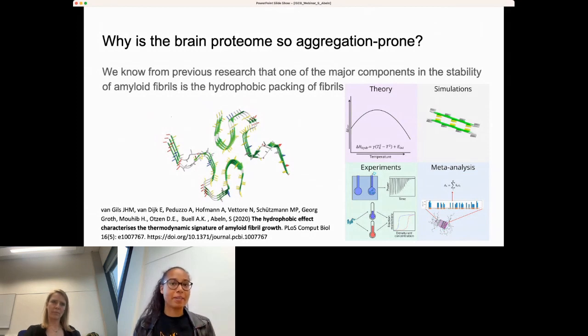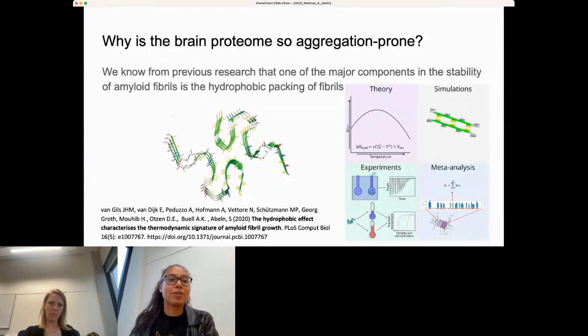One is called the enthalpy, which is kind of the interactions that the protein has with the different residues within the protein and also with the water. And the other one is the entropy, which is kind of the flexibility or like how much motion can this protein have. And what we have seen in this work is that the hydrophobicity is very important for this enthalpic part, so the interaction part. And actually, we could really explain certain physical behaviors of the fibril just with the hydrophobicity.